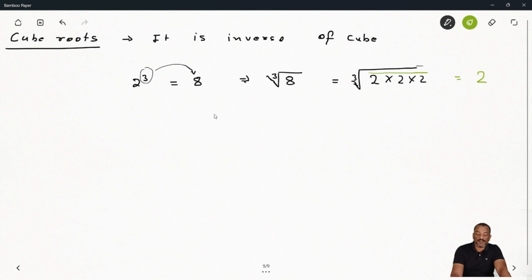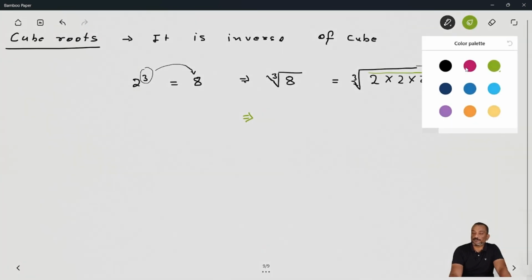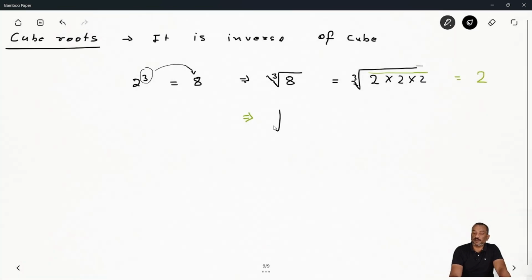In the same way, suppose you are asked to find the cube root of 125. 125 is 5 times 5 times 5.